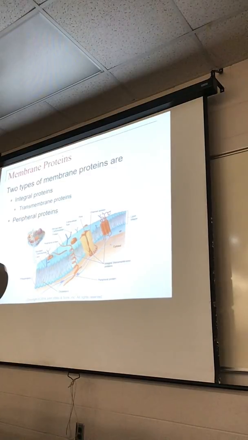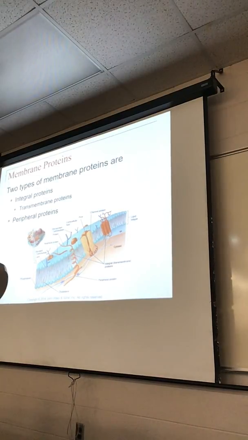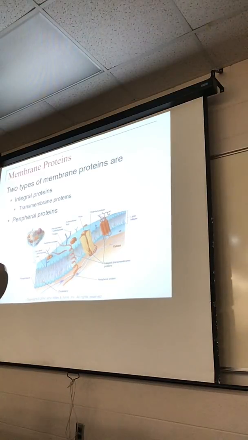So integral and peripheral membrane proteins. So let's think about those words. Peripheral, what do you think of when you hear peripheral? Okay, on the side. So if you think about peripheral vision, it's not right here directly in front of me, it's on one side. So peripheral membrane proteins are one-sided.